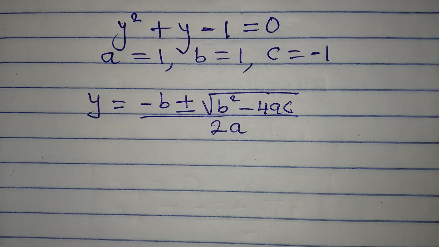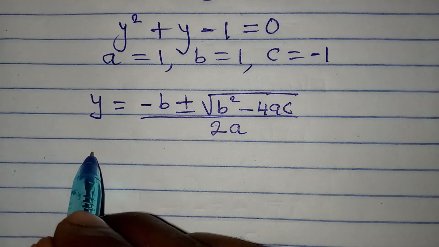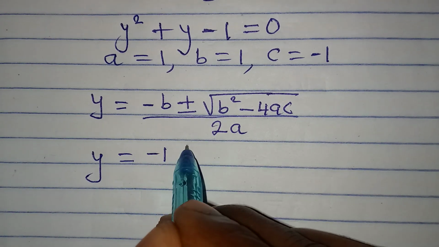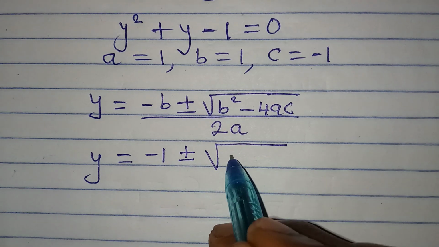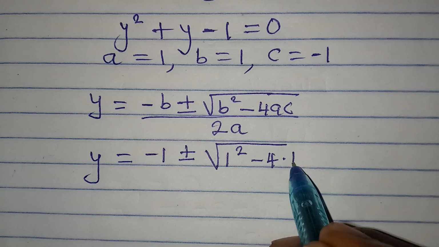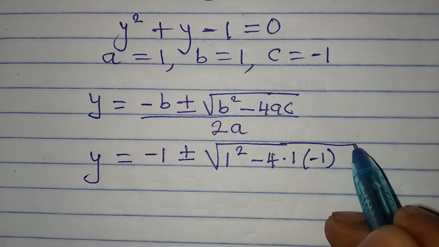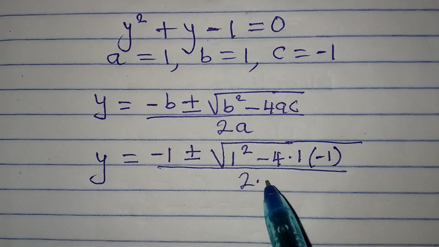Now let's substitute what we have so that y is equal to minus 1, positive or negative, square root of 1 squared minus 4 times 1 times minus 1, because c is minus 1, the whole of this divided by 2 times 1.